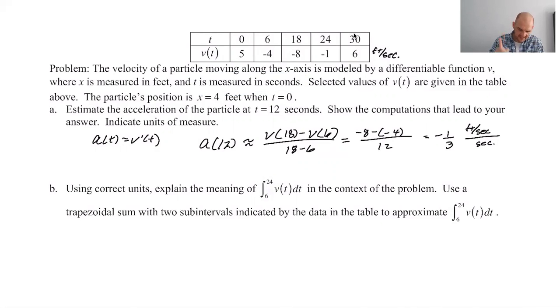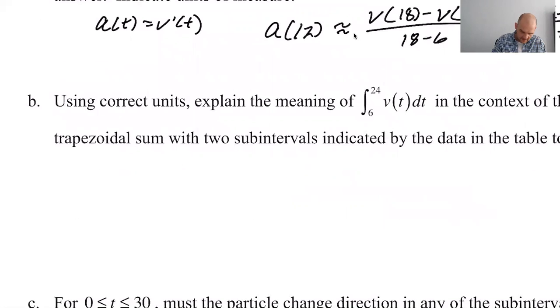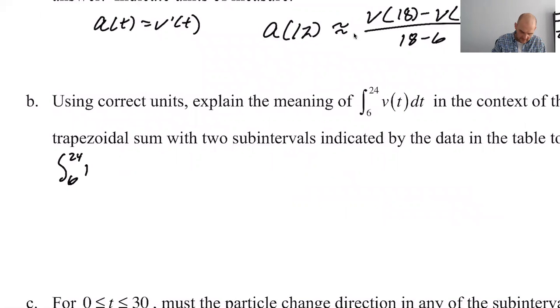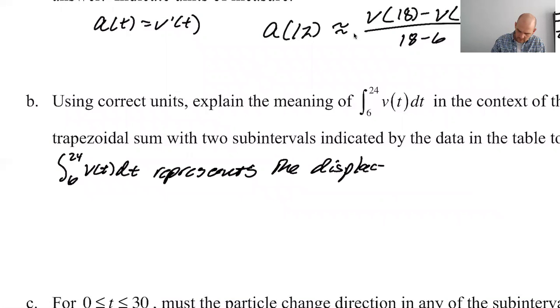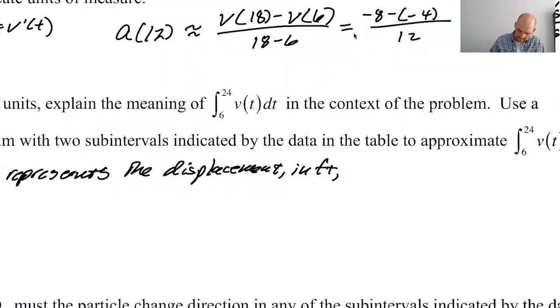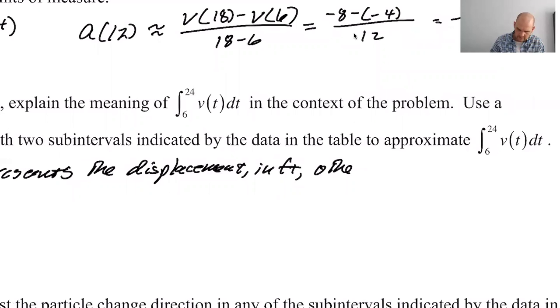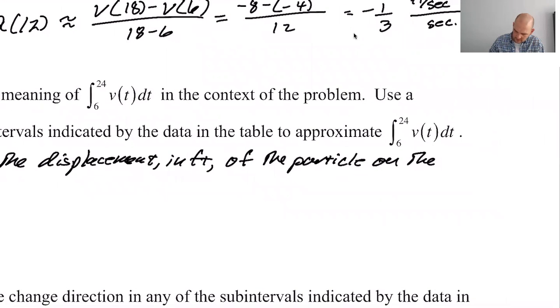I'm going to say the displacement in feet. So the integral from 6 to 24 of v of t dt represents the displacement in feet of the particle on the time interval from t equals 6 seconds to t equals 24 seconds. So much writing.